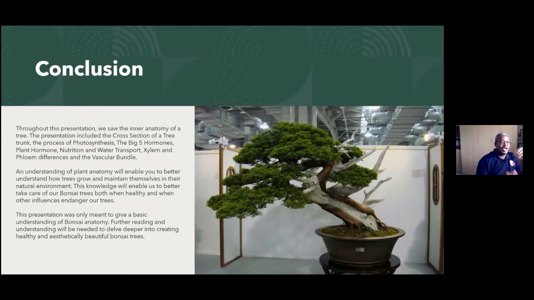If you understand the cross section of a tree, what photosynthesis is, the 5 basic plant hormones, the water transport, and the difference between the xylem and the phloem, which is a vascular bundle, it'll better enable you to diagnose problems with your tree and also maintain the tree.